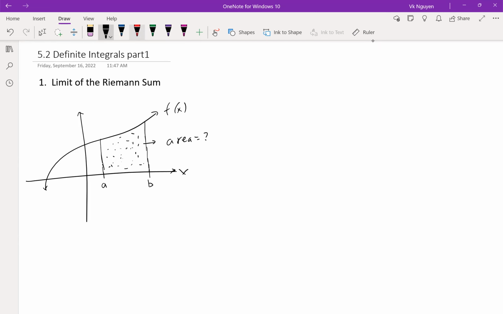First, we're going to cut the interval from A to B into n parts. So let delta x equal to b minus a over n.